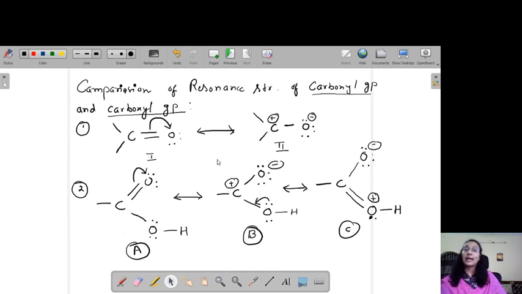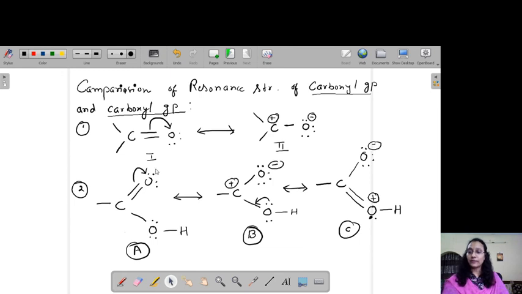Okay. And as a result of this, the carboxyl carbon, which carboxyl carbon? This is the carboxyl carbon. The resonance hybrid is less positive and hence less electrophilic than the carbonyl carbon. Okay, less electrophilic than the carbonyl carbon of the aldehydes and ketones.